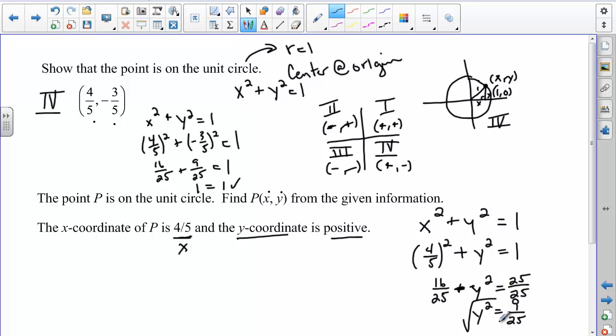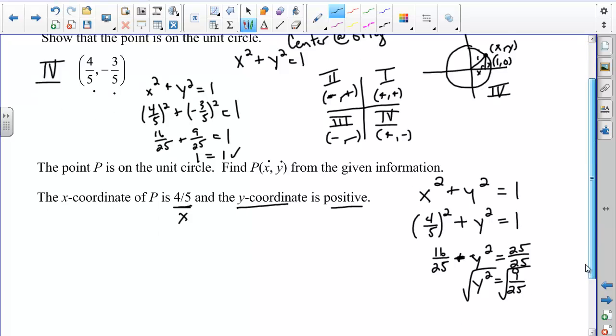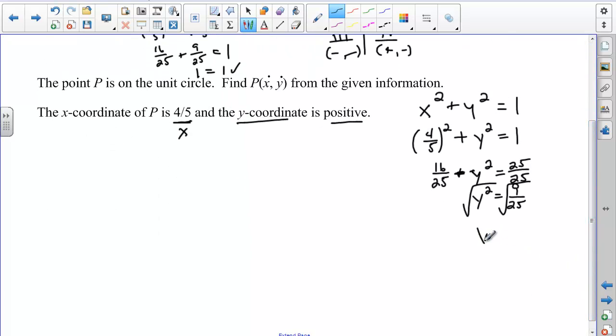And if I square root both sides, when we square root an equation, we've got to make sure that we do plus or minus. So y is equal to plus or minus 3/5, because the square root of 9 is 3 and the square root of 25 is 5. Now this says the y coordinate is positive, so that means my y value is positive 3/5 based on the problem.